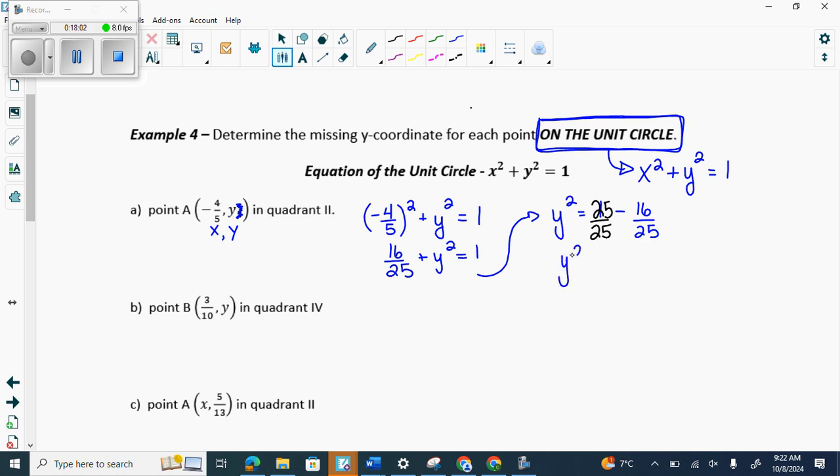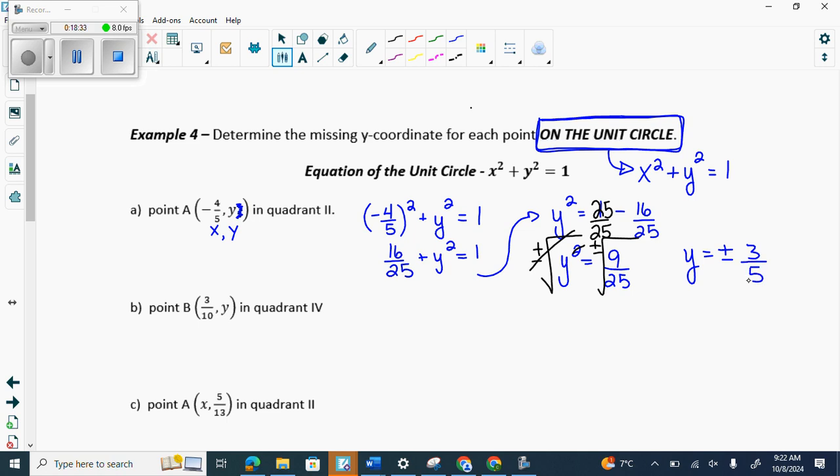So I get y squared equals 9 over 25. And then when I physically do this with my hand, what do I have to remember to do? Plus minus every time. Which is why they have to tell us the quadrant. Y equals plus or minus, and then these are both perfect squares. So in grade 10 you were taught you can split a radical up, but we don't have to if they're both perfect squares. Square root of 9 is 3, square root of 25 is 5.